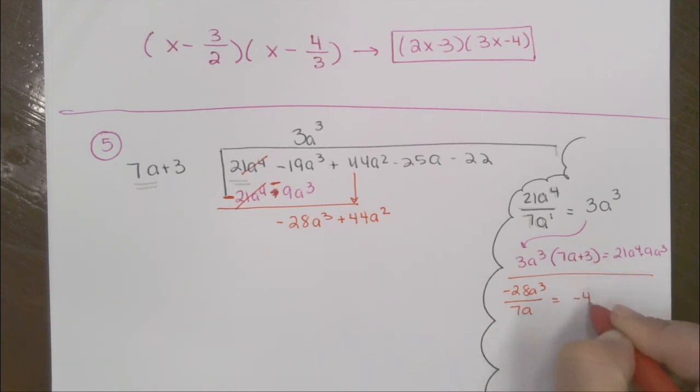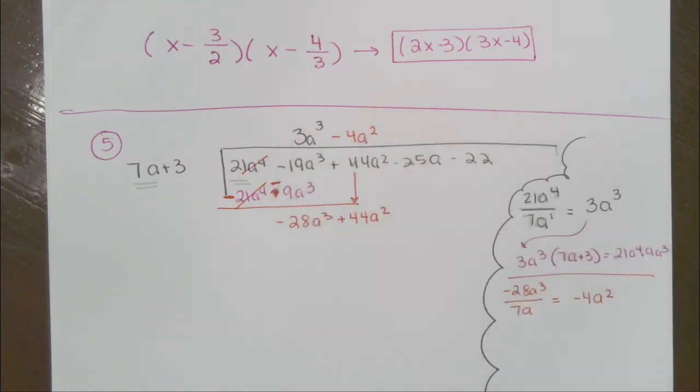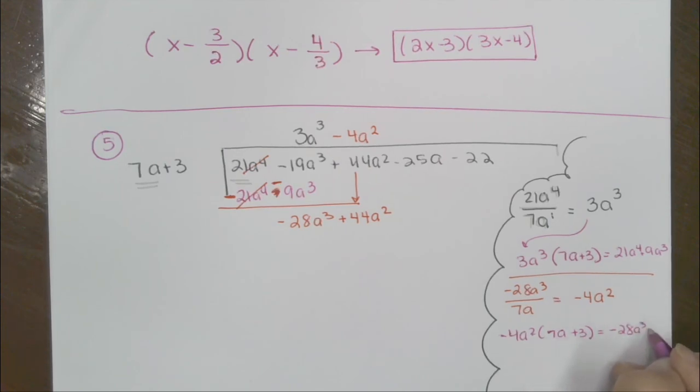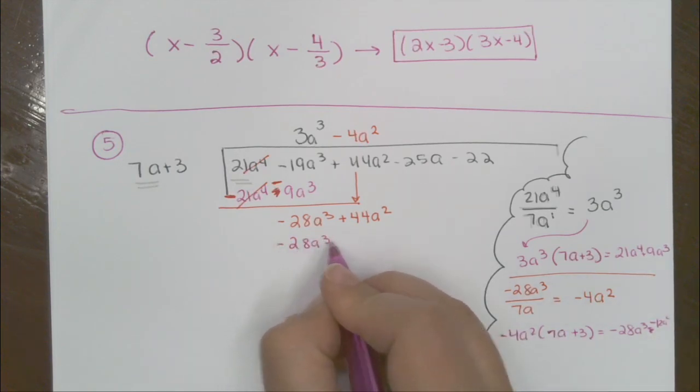We get negative 4a squared. Take that negative 4a squared, write it on top. And we're going to multiply that out.